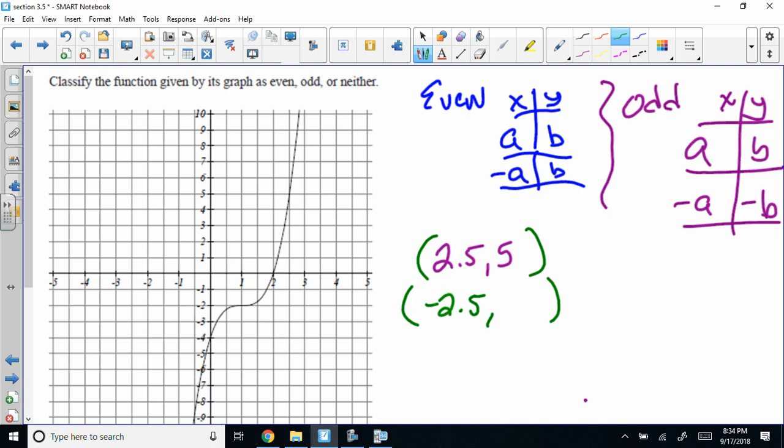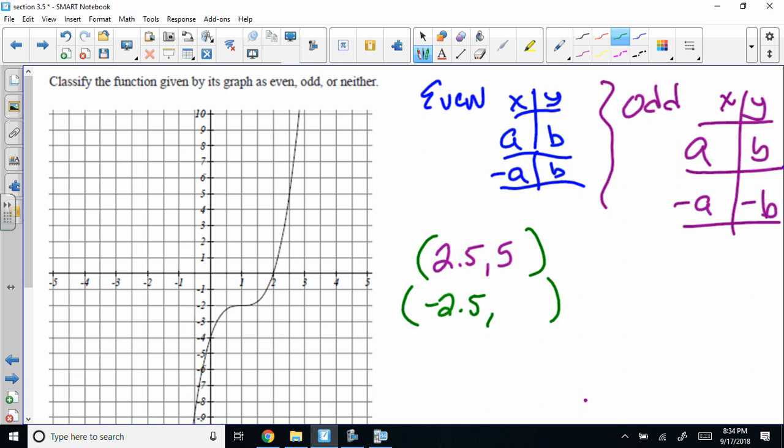Which would mean that if it's in the first quadrant, it would end up in the third quadrant. If it's in the second quadrant, it would end up in the fourth. It's like you're folding it about the line y equals x. Symmetry about that. When it has a vertical and a horizontal both, that's really what you're doing.